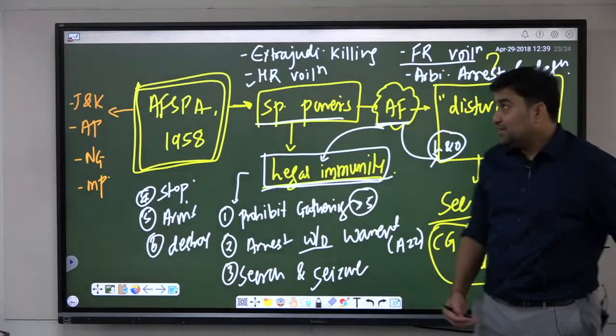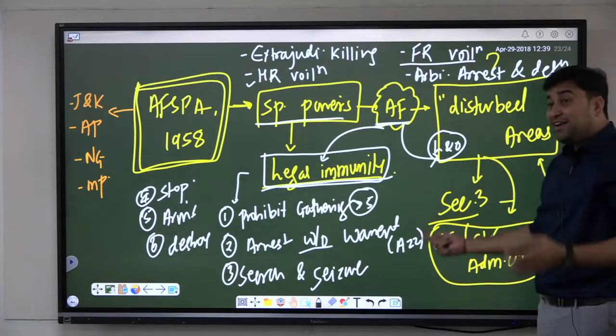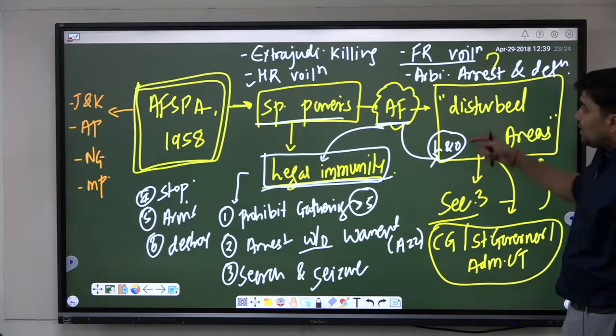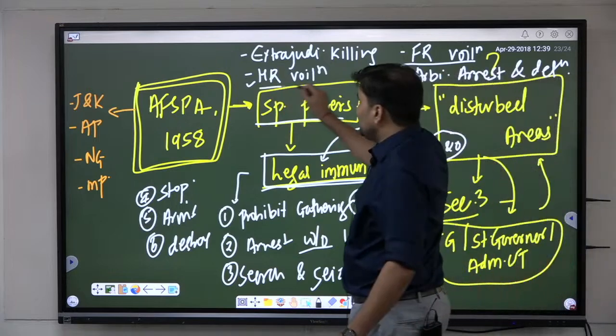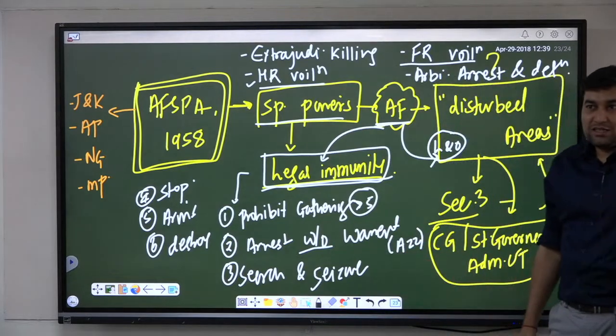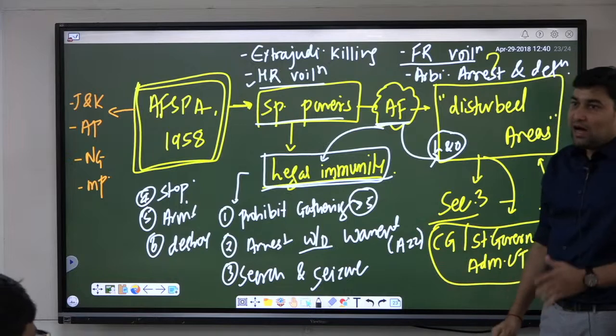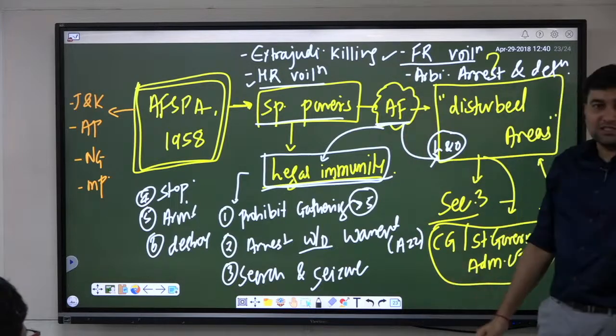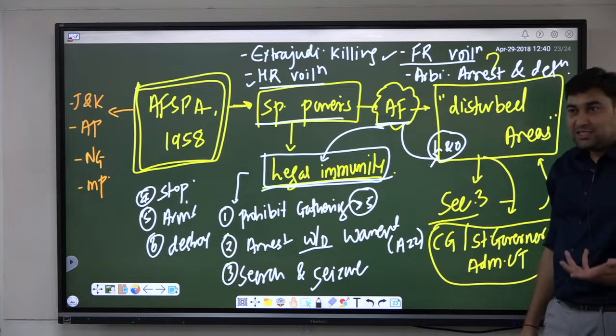So basically, where was I? So that killing and arrest is causing an issue with respect to fundamental right violation. Am I right? Secondly, human right violation because of the deaths. And there are multiple allegations that because of these powers, the army comes and just kills anyone, meaning they are doing extrajudicial killings. Arbitrary arrest and detention are happening.